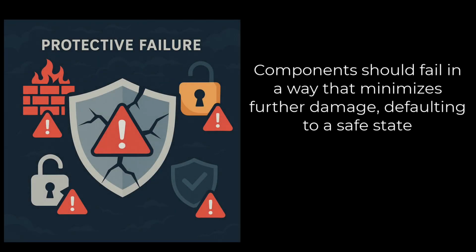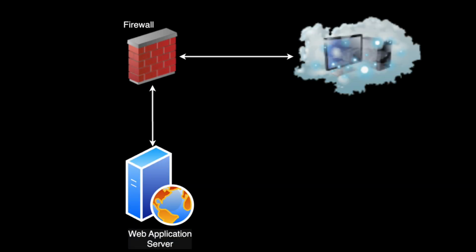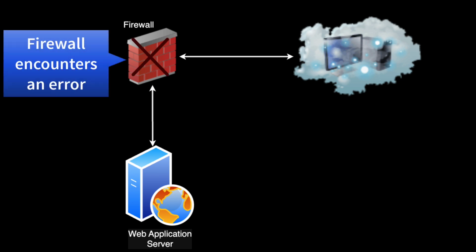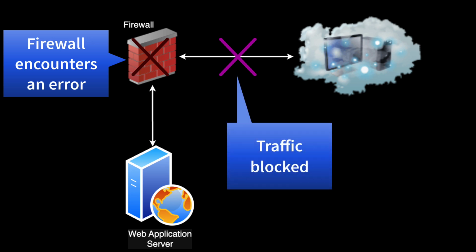Protective failure, or failsafe, stipulates that when a component fails, it should fail in a way that minimizes further damage. The system should default to a safe state rather than, say, crashing open. For example, if a security control, such as an antivirus or firewall, encounters an error, it should block traffic, denying access by default, rather than allowing all traffic through unchecked.